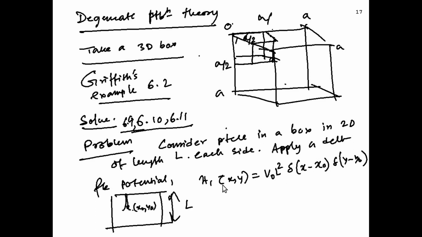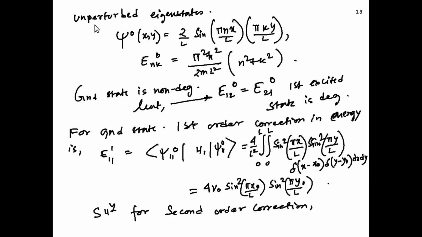So this is the perturbation. What are the unperturbed eigenstates? If I write them in this n and k form, psi naught of x, y is 2 by L sine of pi n x by L times sine of pi k y by L, and the energies are given by this. Obviously n equal to 1, k equal to 1 is the ground state, which is unique and non-degenerate.